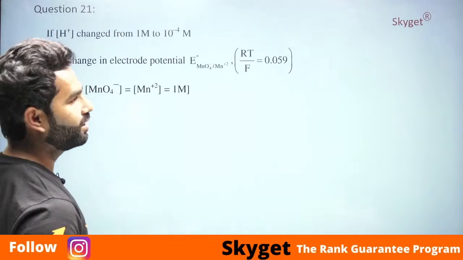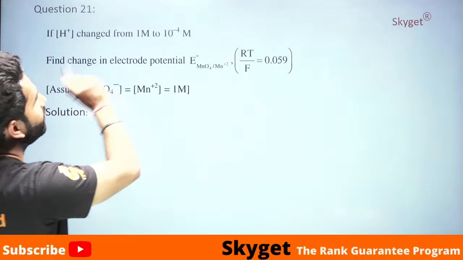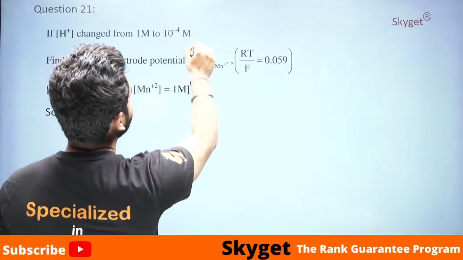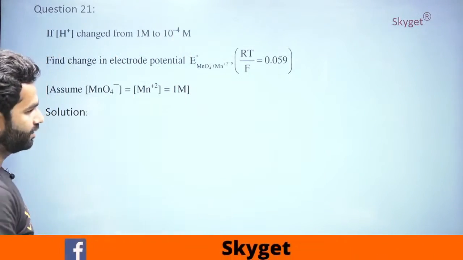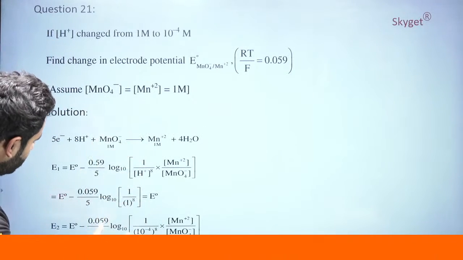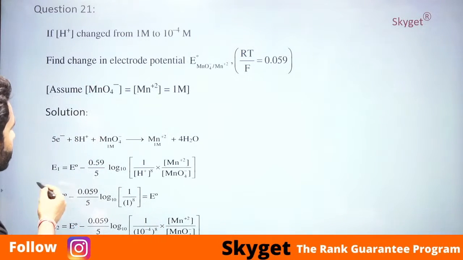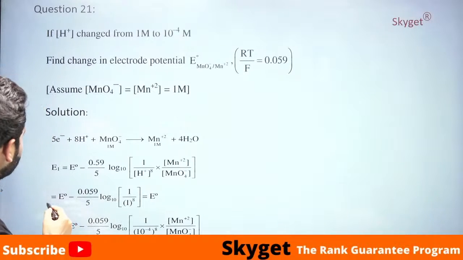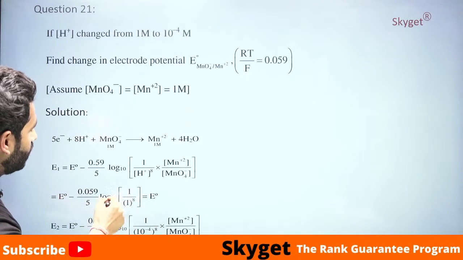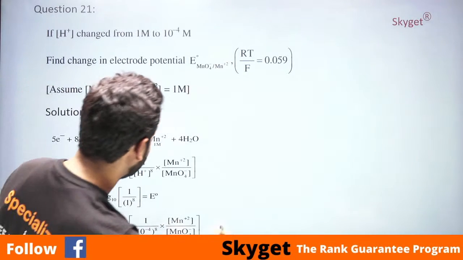Similarly, you need to find the electrode potential when the H plus concentration changes from 1 molar to 10 to the power minus 4 molar. See, as I told you, in the first case, just put the values and you get E1 equal to E0, as log of 1 is equal to 0. In the second case, E2 is equal to, apply the same formula.